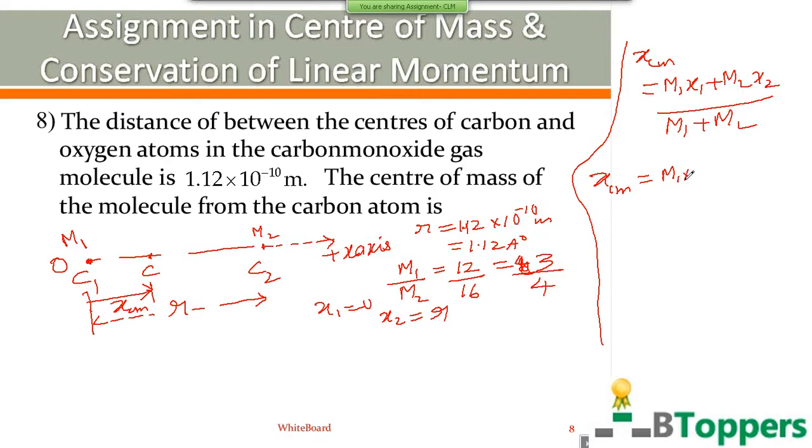X1 is 0 here. So M2 equal to 4 units, X2 equal to r. M1 plus M2 you can write as 3 plus 4 units. So X center of mass, you get 4 by 7 times r. This r is given as 1.12 angstrom.